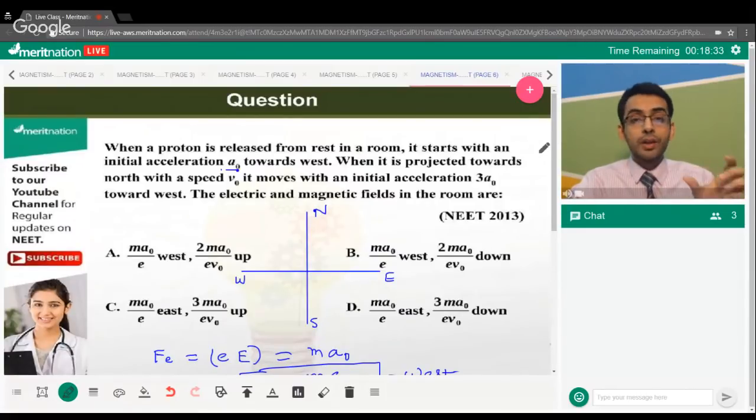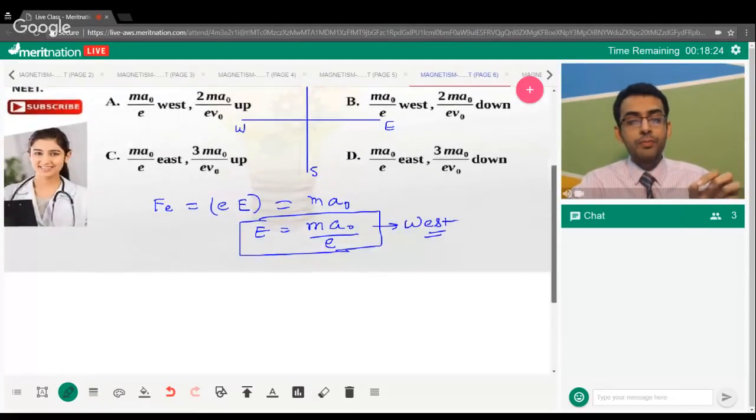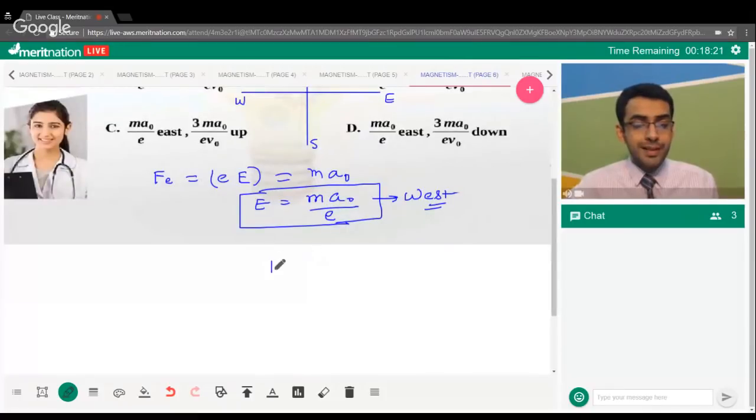One is electric force and one is magnetic force. Now, what should be the direction of magnetic force? You have learned that magnetic force is given by the formula QV cross B.